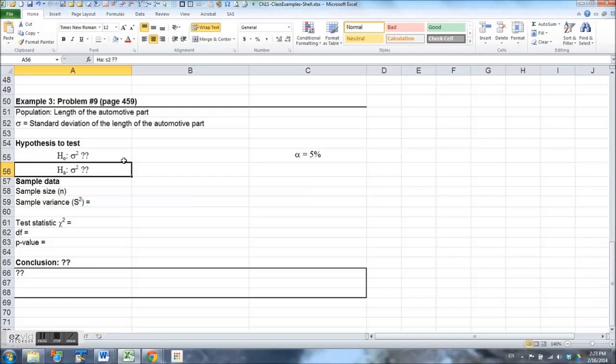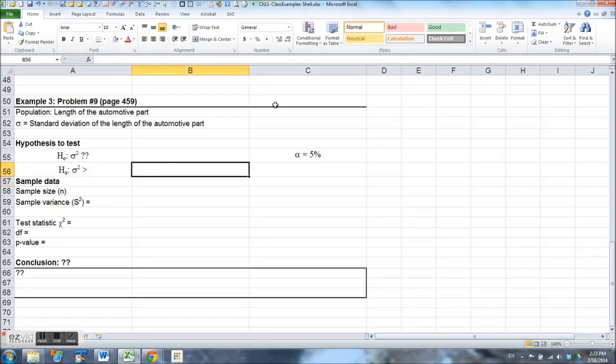And what we are interested in verifying is, does the sample show that we are exceeding the maximum allowed variance? So that should go in the alternative. So sigma squared is greater than 0.0004.